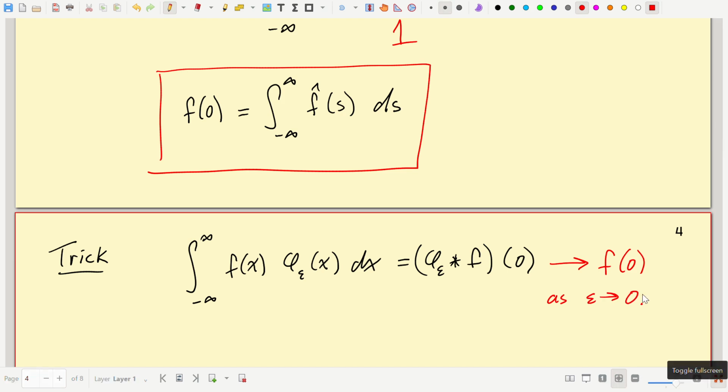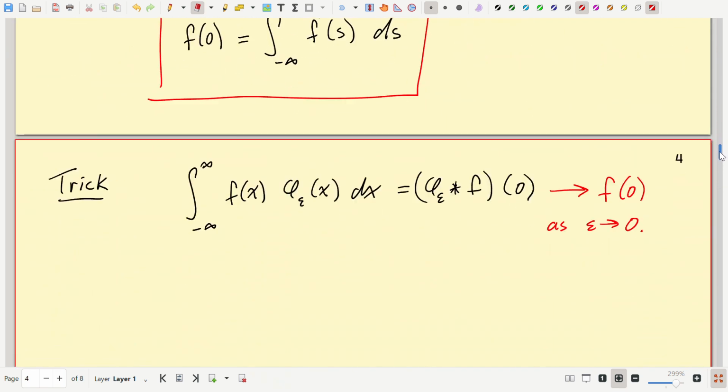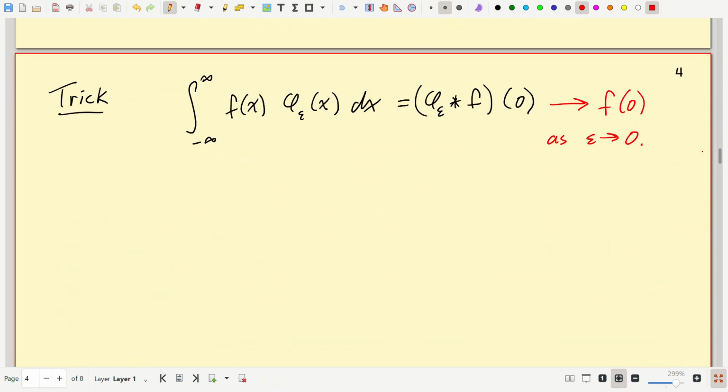And now that looks kind of like my inner product. So I'm thinking out loud here. That's going to go to f of 0, and I kind of want this to be g hat of something. But g hat of what?